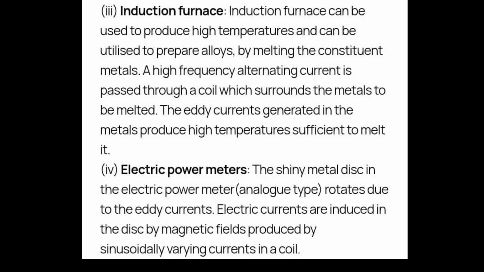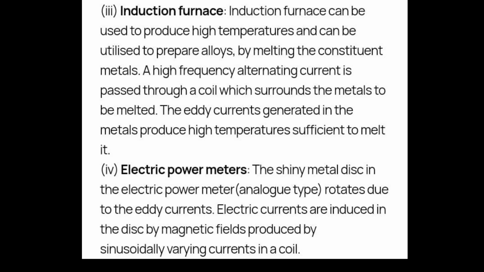Eddy currents are also useful in the case of the induction furnace. An induction furnace can be used to produce high temperatures and can be utilized to prepare alloys by melting the constituent metals. A high frequency alternating current is passed through a coil which surrounds the metal to be melted. Then eddy currents are generated in the metal and produce high temperature which is sufficient to melt it.